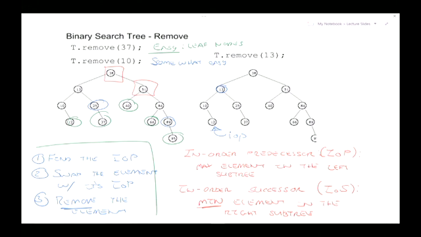If we swap 13 and 12, we now have 12 here and 13 down here, and then we remove 13. So is this a binary search tree? Yeah, this looks good.